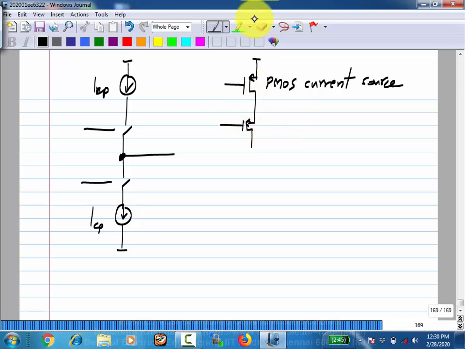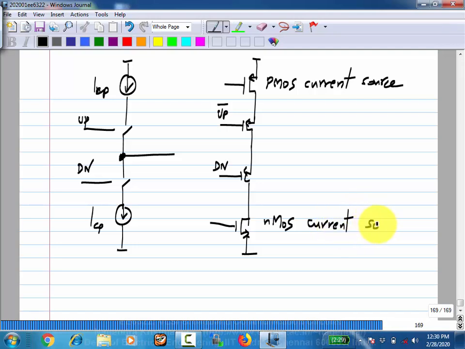Now, this is not the only possible implementation. This switch can be on the other side of the current source also. In fact, that is preferred for various reasons sometimes. So, this is up and down. This is a PMOS switch, so this will be up bar, and similarly this will be down, and here we will have an NMOS current source. Okay.